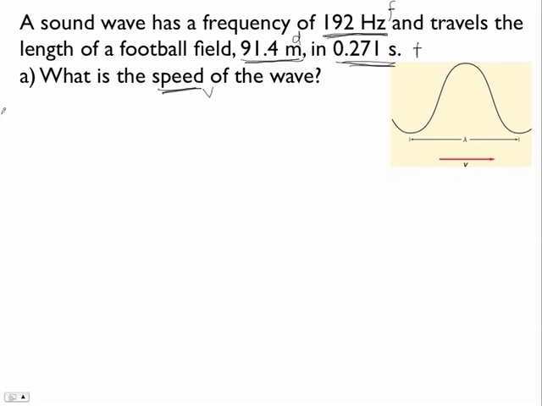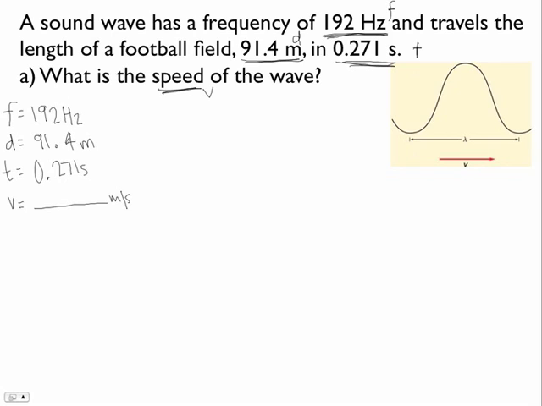Okay? And so we know we have a frequency of 192. I always write what I know, even though I've underlined them. I still write them over here because sometimes the problem gives you all these things you don't need, and they have all these extra words and things. And so I just like to write it to the side so I don't have to worry about looking at those questions anymore.